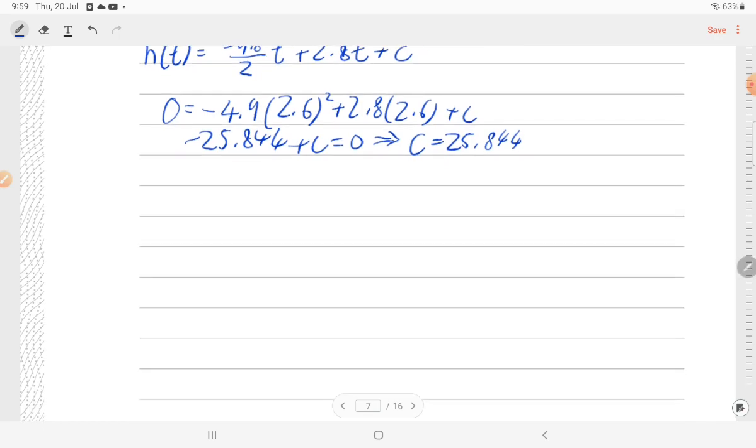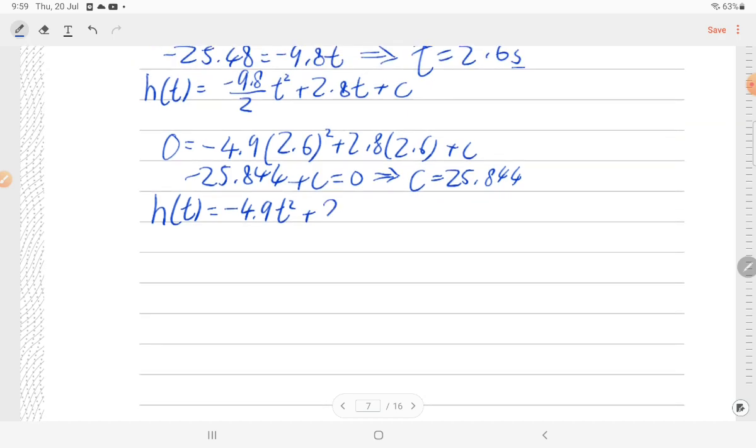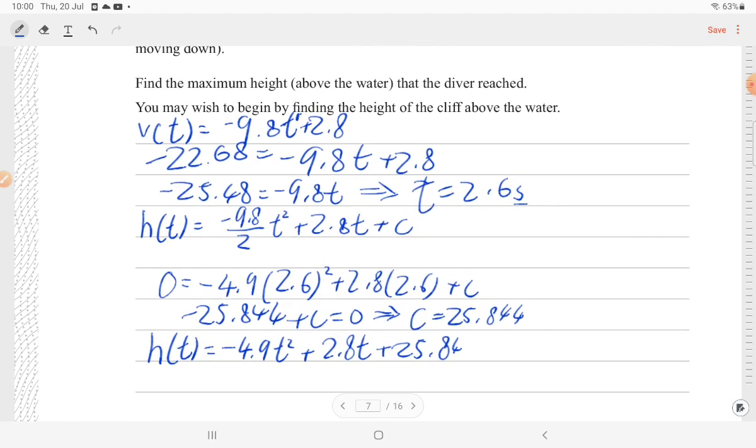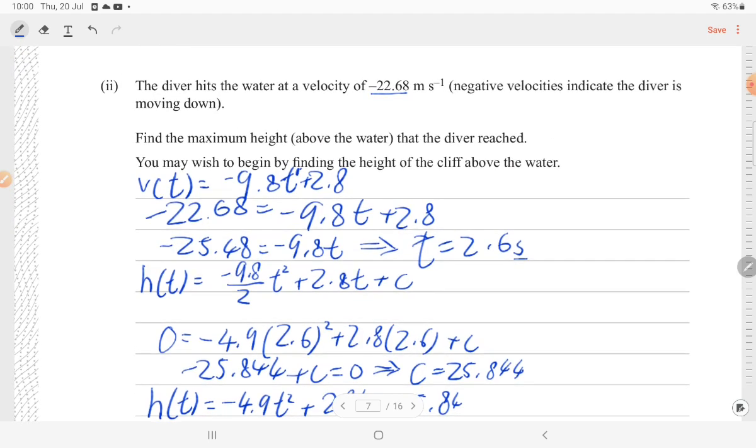So height can be described as negative 4.9t squared plus 2.8t plus 25.84. So we figured out a function for how high we are above the water.